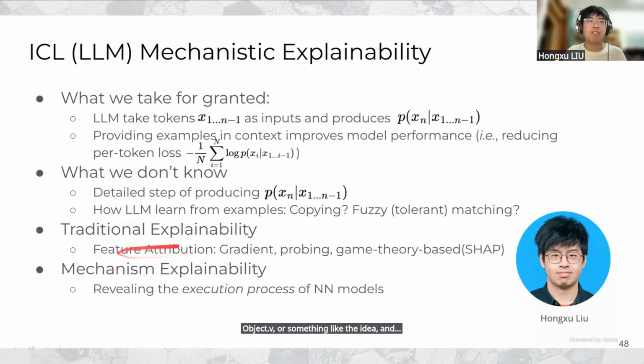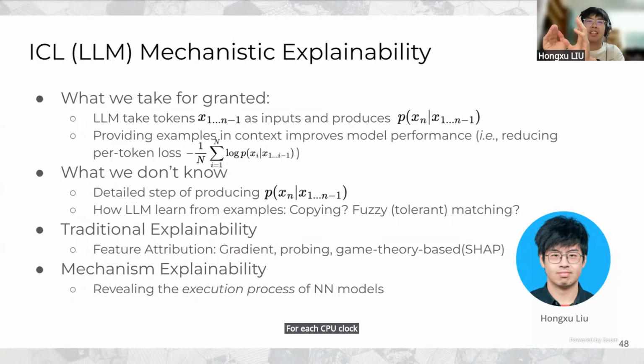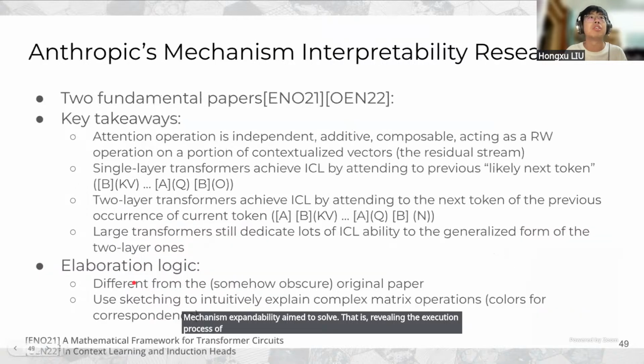This kind of feature attribution method is like collecting the variable or register states for each CPU clock, but we still don't know the exact program code or the assembly instructions of our model. And that is what mechanistic explainability aims to solve: revealing the execution process of neural language models.